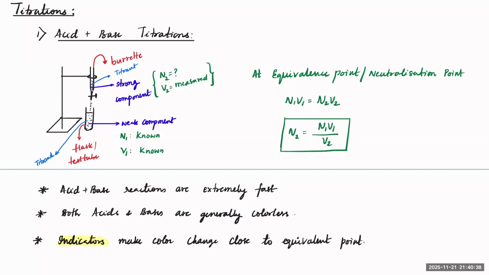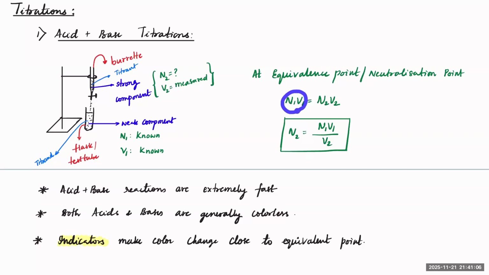Now, while the titration is being done, you are measuring how much volume you used. Correct? So you would be measuring the volume that you are using here to figure out the end point or the neutralization point, a point where the acid and base are in equal amounts in terms of their equivalence.